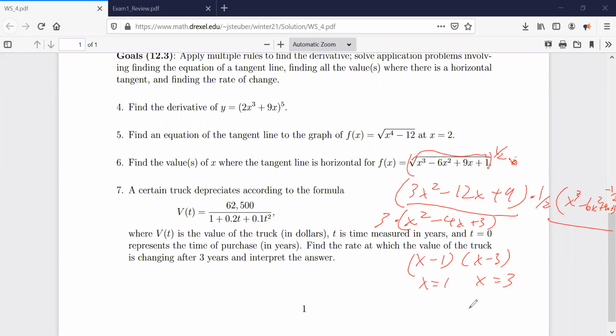Yeah, can you explain again why the second half would never equal 0? So the second half we can write as just the fraction, with x cubed minus 6x squared plus 9x plus 1.